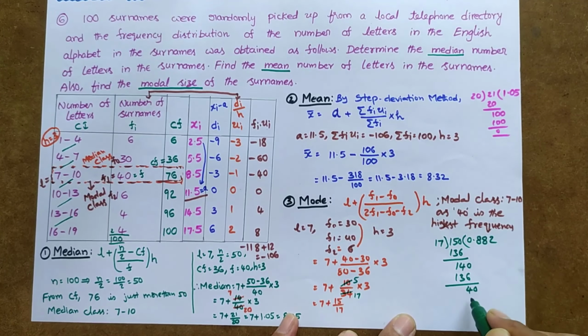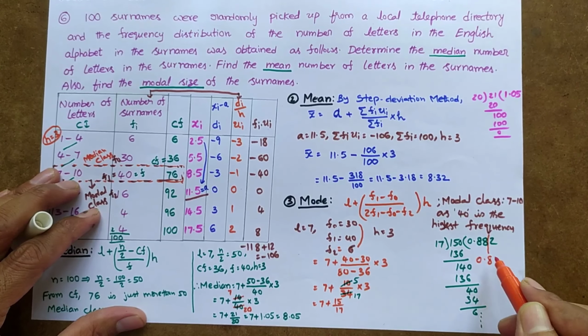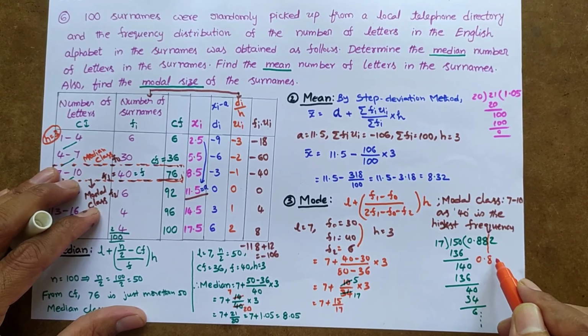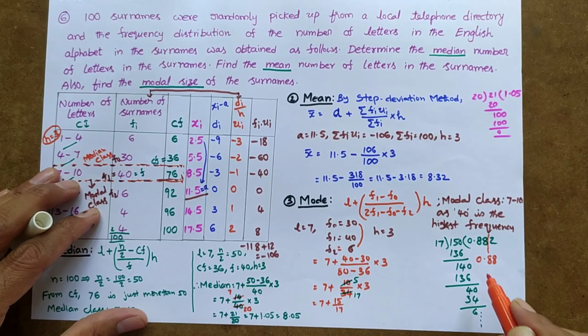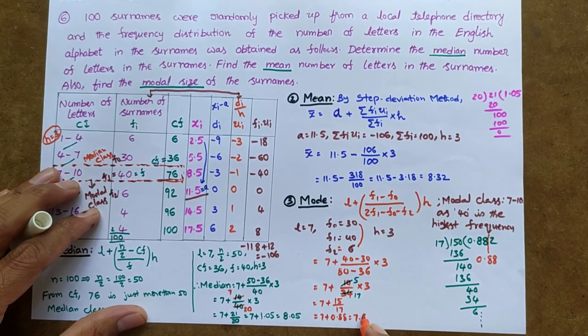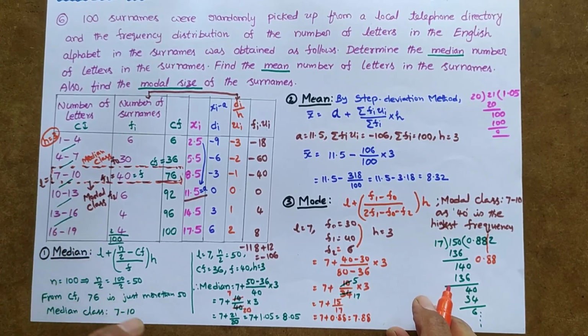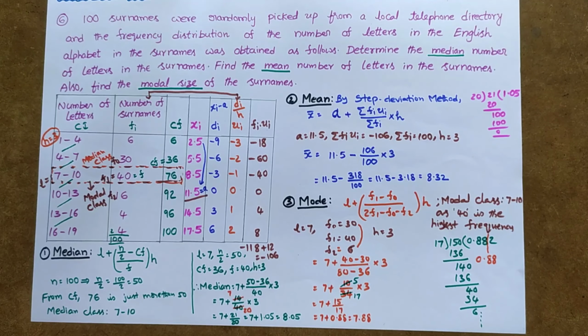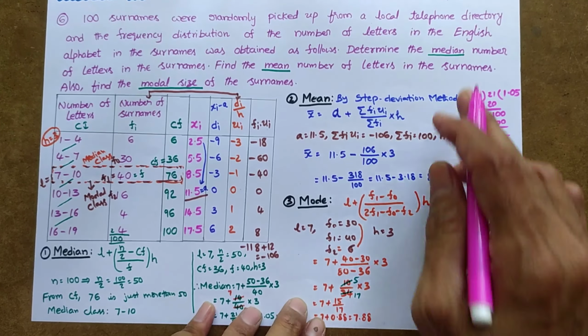As we are going to adjust this value after 2 decimals, let us keep a line here. Now we observe this will be 0.68. Since the next number is less than 5, we can maintain the same 8, right? So it is 0.68. So we can write 7 plus 0.68 is 7.68.